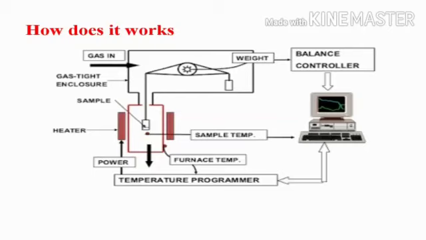Hence, temperature of the furnace increases and the sample may undergo decomposition. It loses some weight. It becomes lighter. So the pan of the balance moves upwards and the reference weight moves downward.